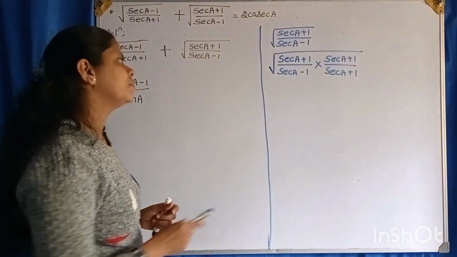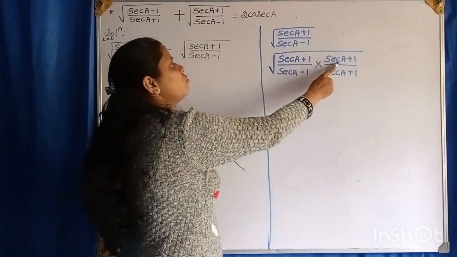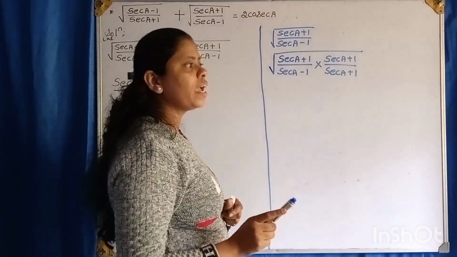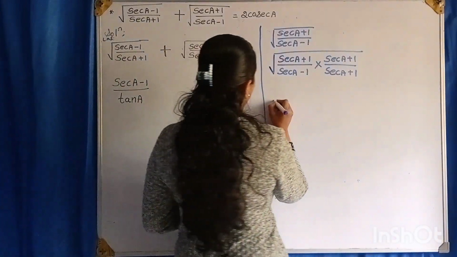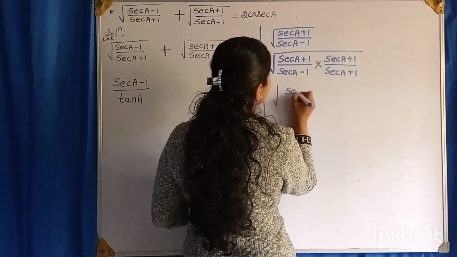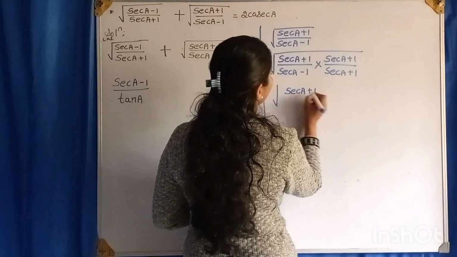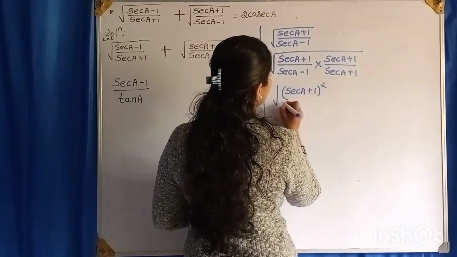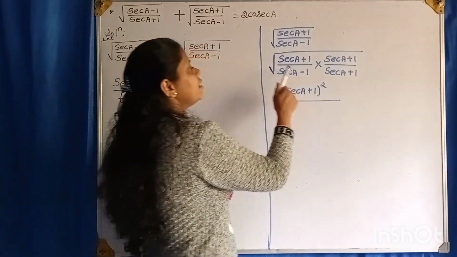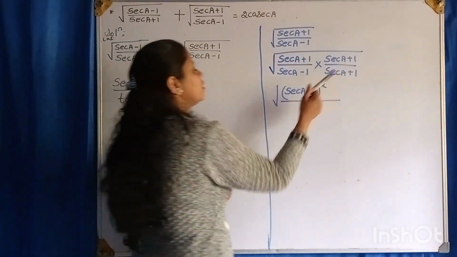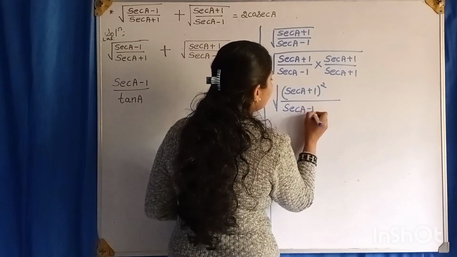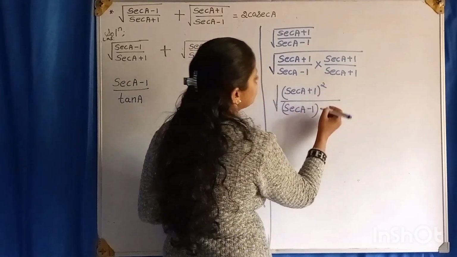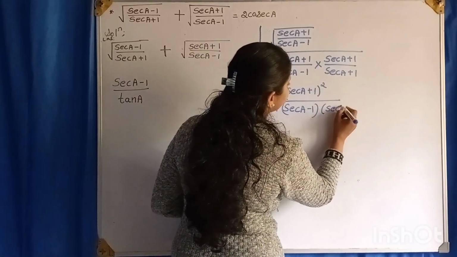Now look at this. Secant A plus 1 into secant A plus 1, we can write it as secant A plus 1 the whole square, divided by secant A minus 1 into secant A plus 1.